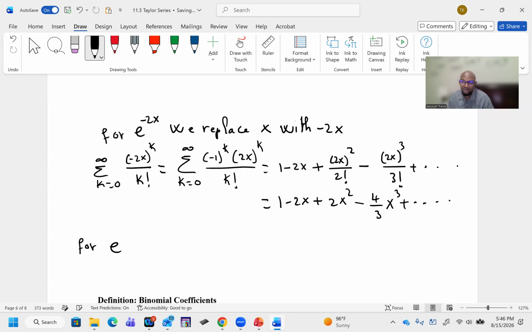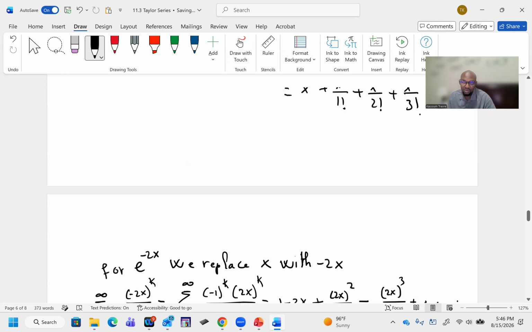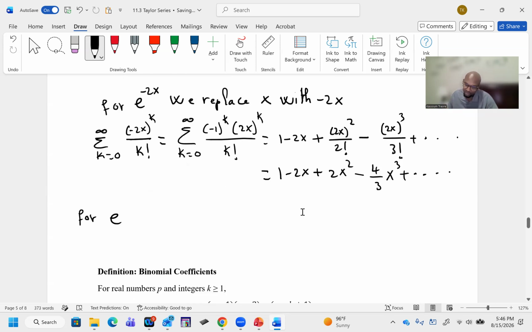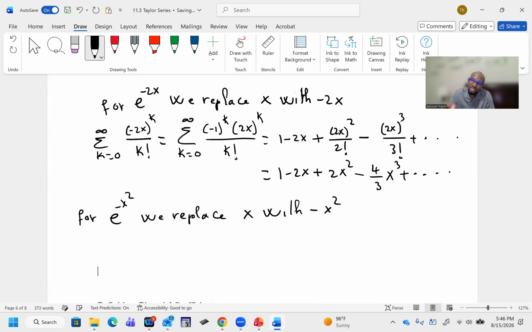Okay, and then for e to the power of negative x squared, we replace x with negative x squared. So, same thing. I'm not going to waste too much time.